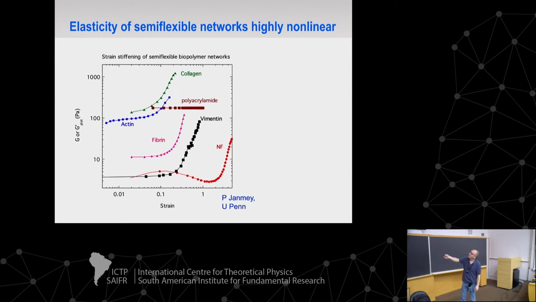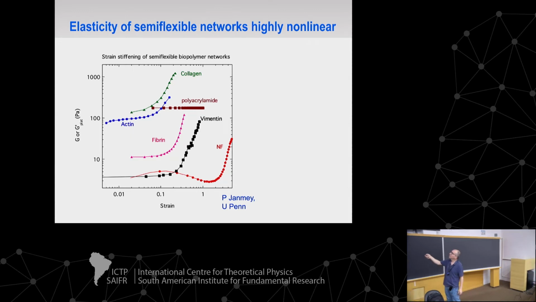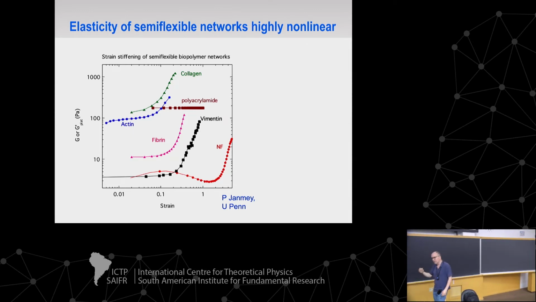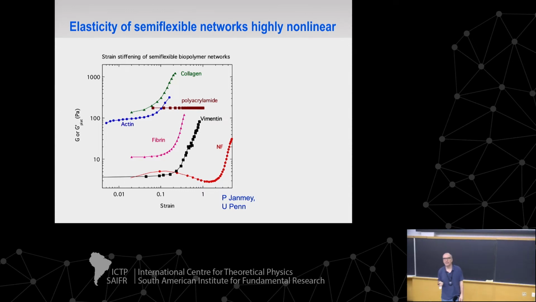That appears for collagen, actin, fibrin, that was the blood clot. Vimentin and neurofilaments are examples of intermediate filaments. Different scales of strain are involved, but basically a similar response. It's a characteristic strain stiffening response that first got several people interested in understanding these from a polymer physics point of view, if you like.